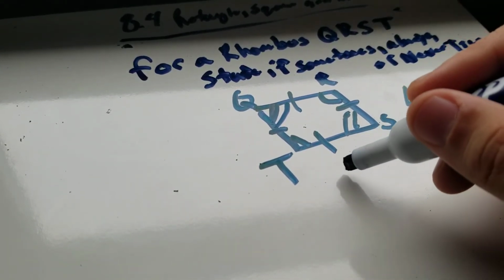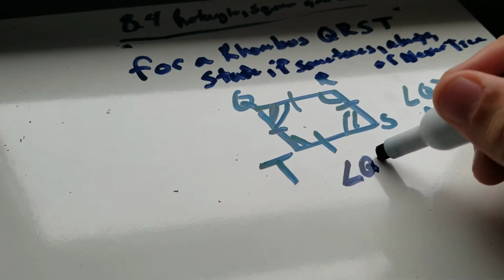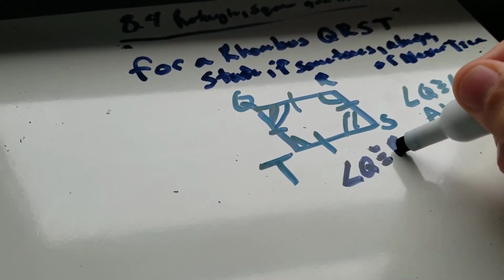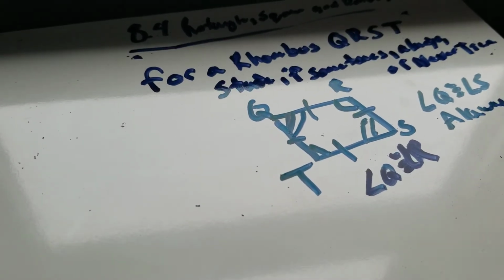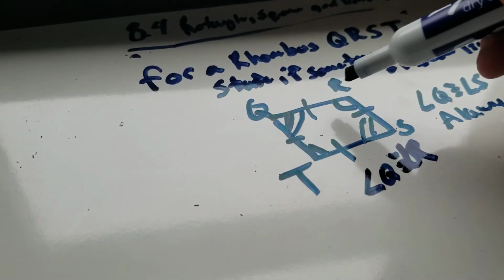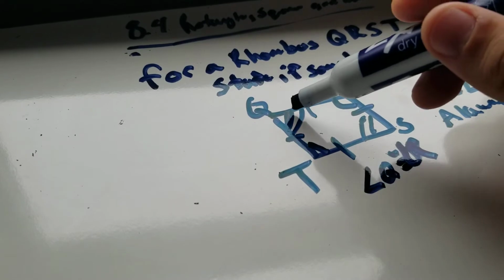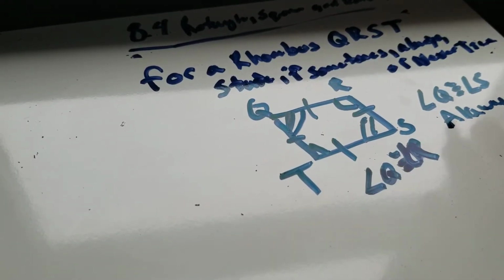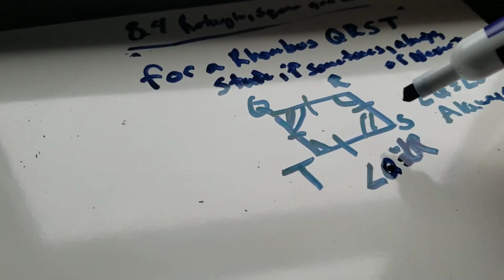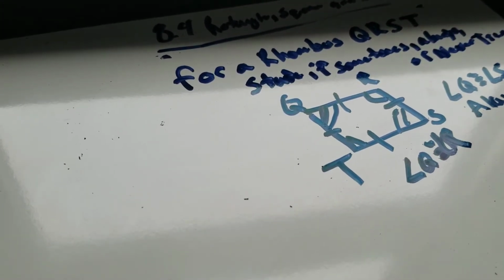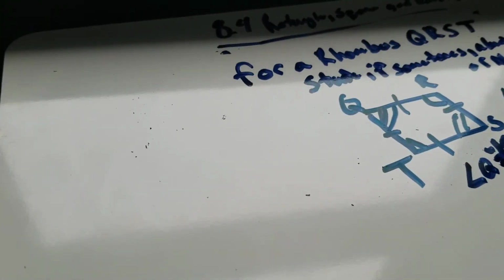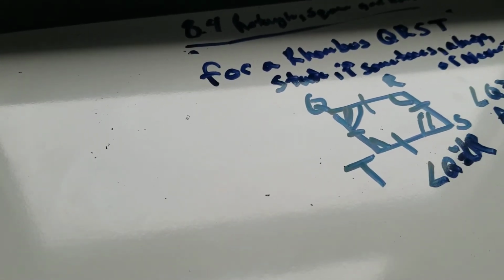Let's check the next question. Do we know for a fact Q and R are congruent angles? Well, Q and R are not always congruent angles. But there's a way to draw a rhombus where Q and R are equal. What way can you draw a rhombus where Q and R are equal?